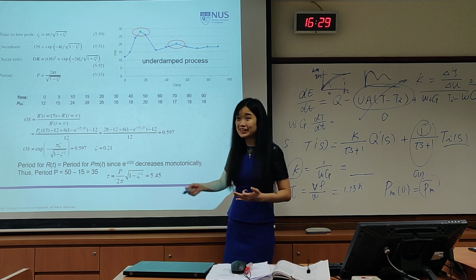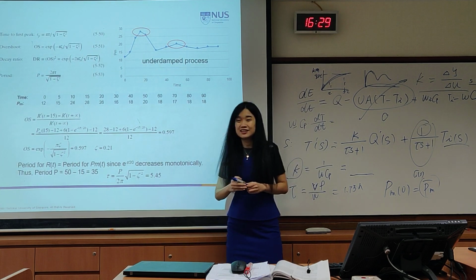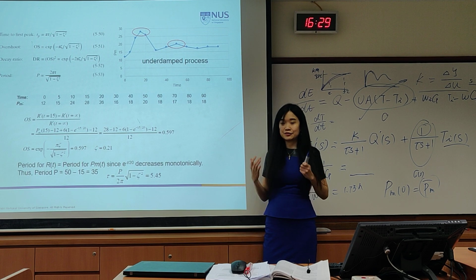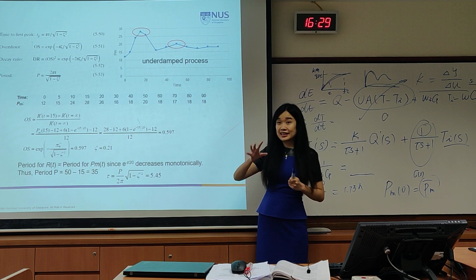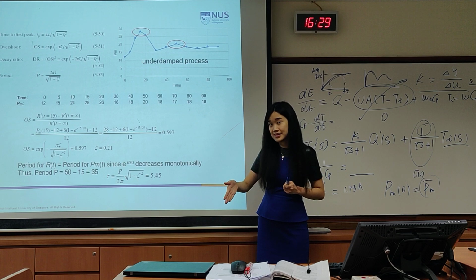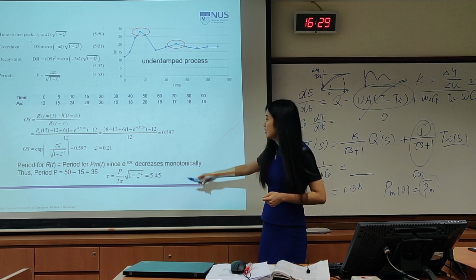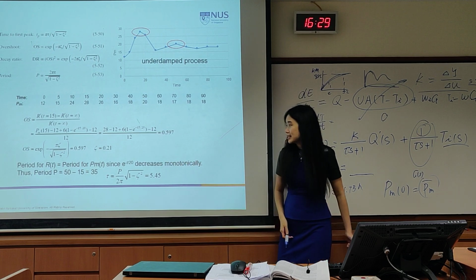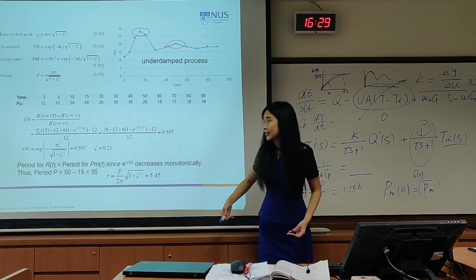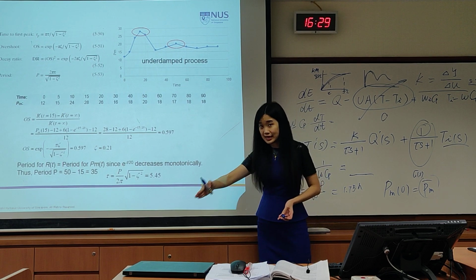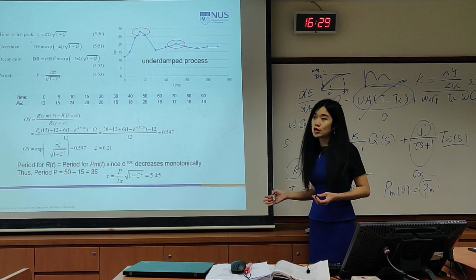Why can we directly use the P to calculate the R? Here is another thing you need to state: it's an additive effect of the first order process plus the second order. For the first order process, it's a monotonically decreasing or increasing process, so the trend is simple, a monotonic trend.